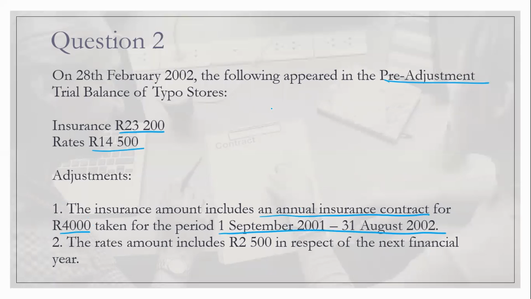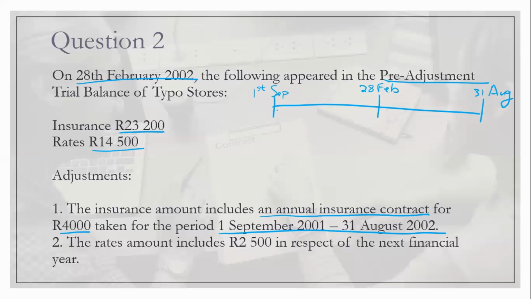Okay, so let's create a timeline quickly. We have the 1st of September and we end on the 31st of August. Now, how many months do we have until our year end of 28th February? 6 months. So somewhere in the middle, we know that the 28th of February is our year end.